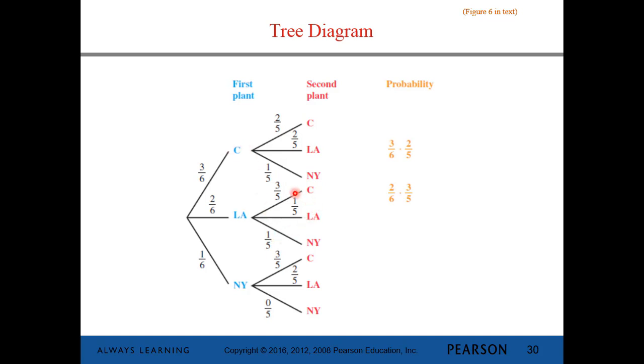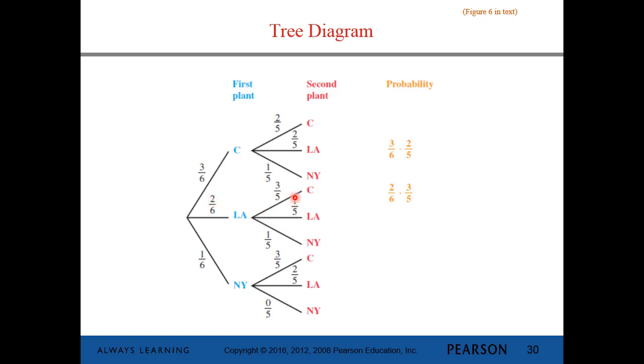And then likewise, we're going to do the same thing for LA. Notice that again, there are only 5 plants available. And now this time Chicago is 3 because Chicago wasn't chosen the first time. LA was. So now we still have 3 Chicago plants to choose from out of 5. But now we only have 1 LA plant because, again, no repeats.